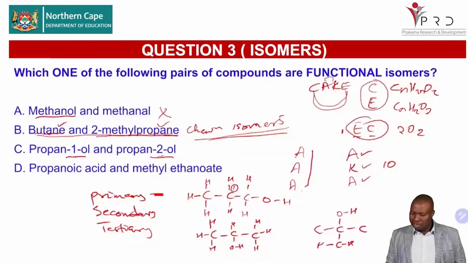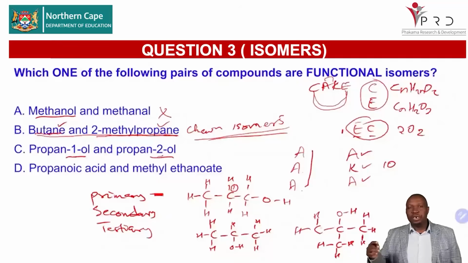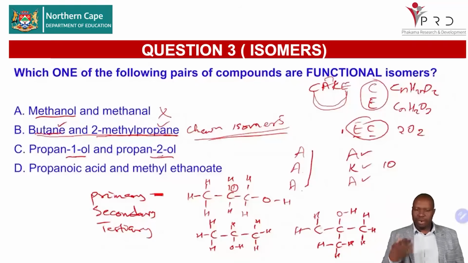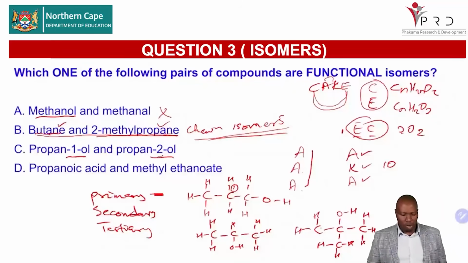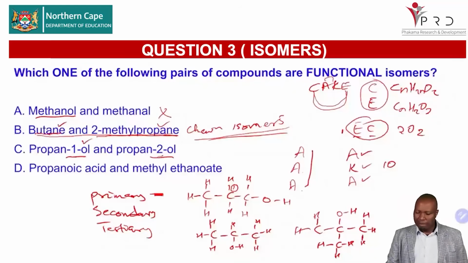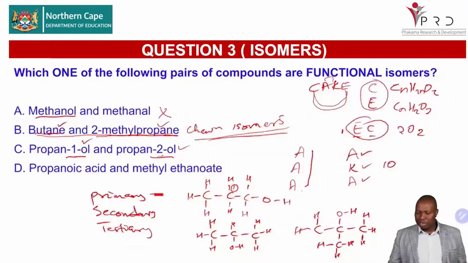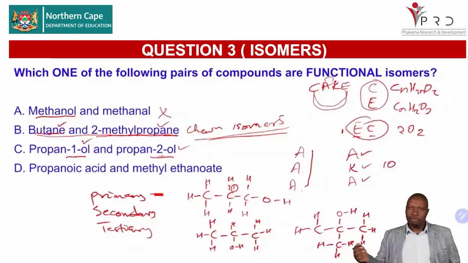So you see the difference now. We are always looking at the carbon that is bonded to the OH. Or you can say the functional group, which is your C-OH, is bonded to 2 other carbons. So those are the different ways of saying it. And then you can differentiate between primary, secondary, and tertiary alcohol. So we're saying propan-1-ol will be our primary, propan-2-ol will be our secondary. And then definitely if we have another branch, we can get our tertiary alcohols.